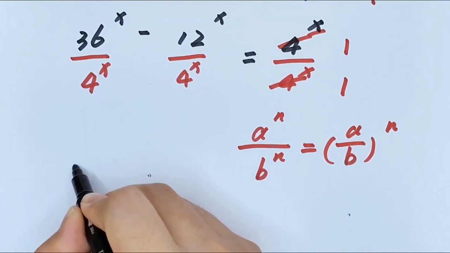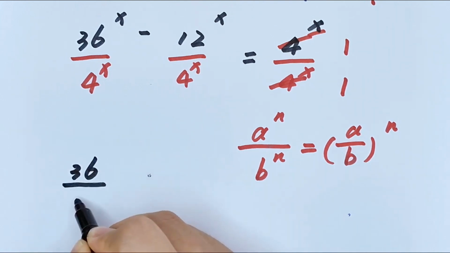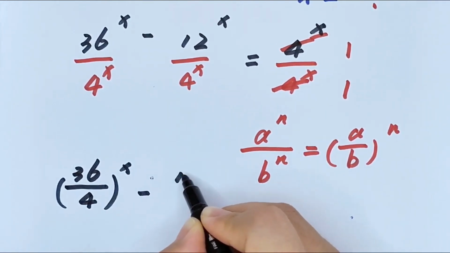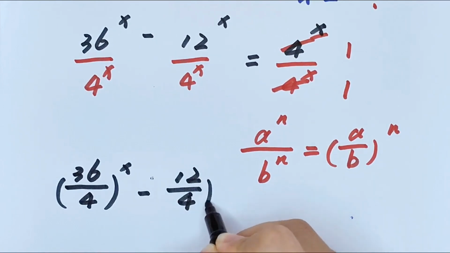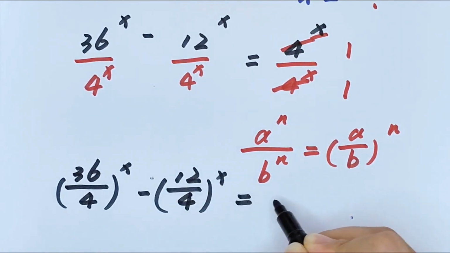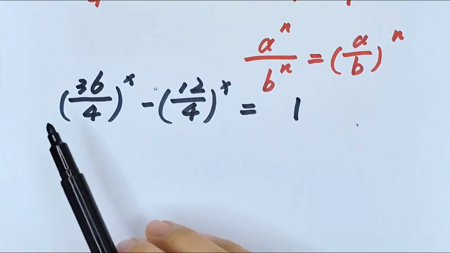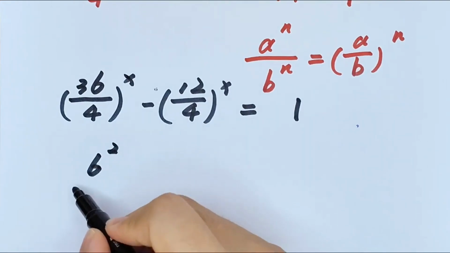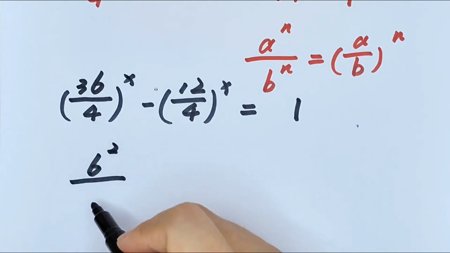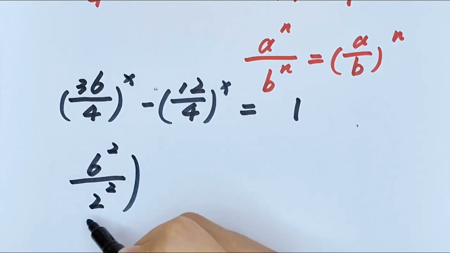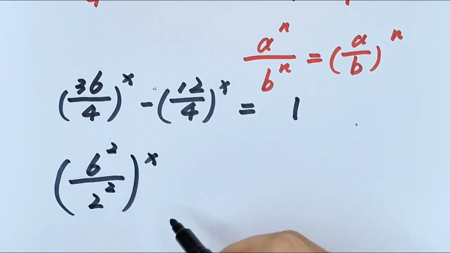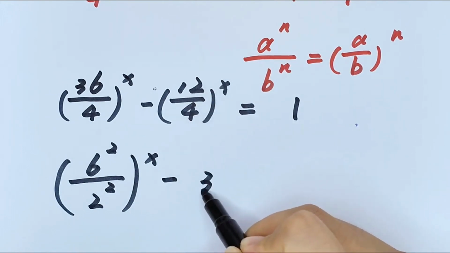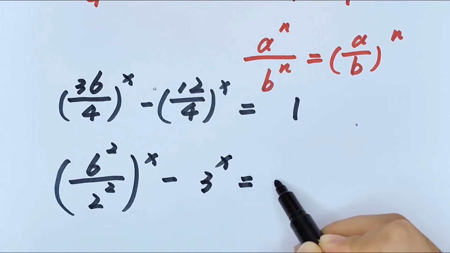So here is 13/6 divided by 4 to the power of x minus 12 divided by 4 to the power of x equals 1. 13/6 is the same as 6 squared, divided by 4 is the same as 2 squared, to the power of x minus 12 divided by 4 is 3 to the power of x equals 1.